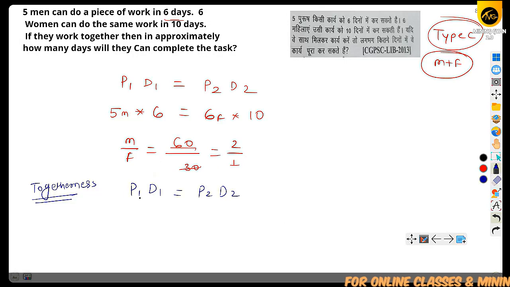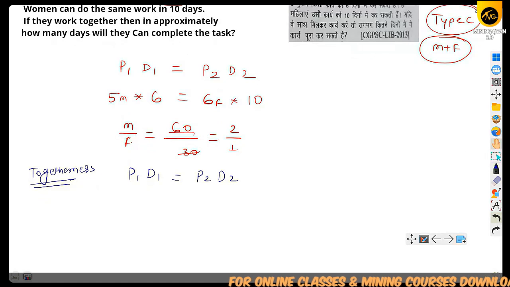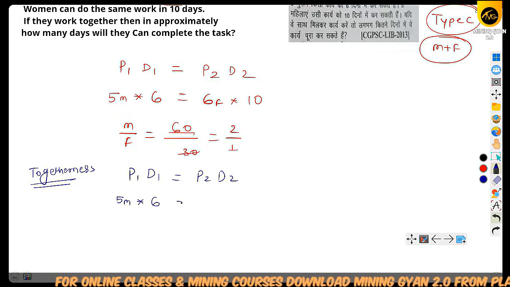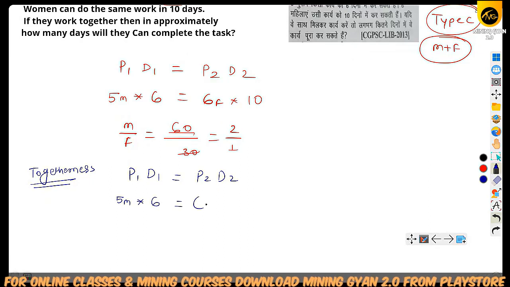Now P1 is again 5m and D1 is 6, is equal to P2. This is the condition of togetherness, so we have to use male and female together. So P2 means 5m, the number of males, and 6 females, the number of females, right?